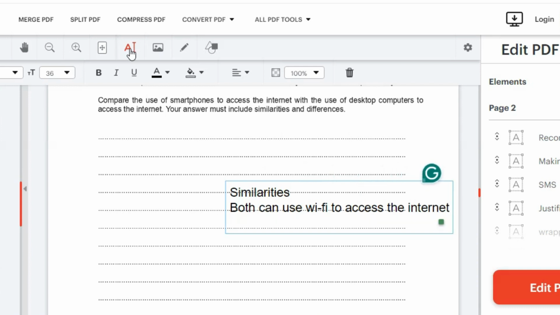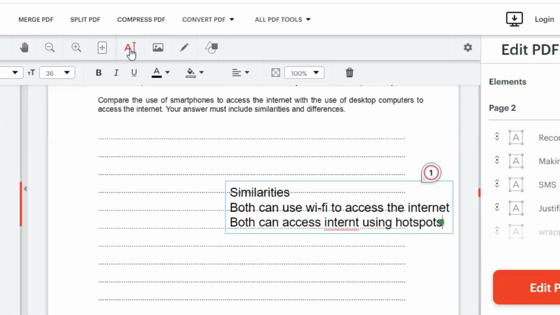Both can access the internet using hotspots.